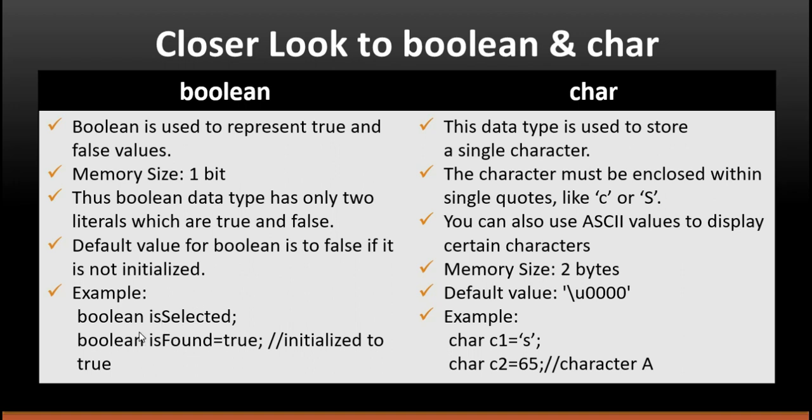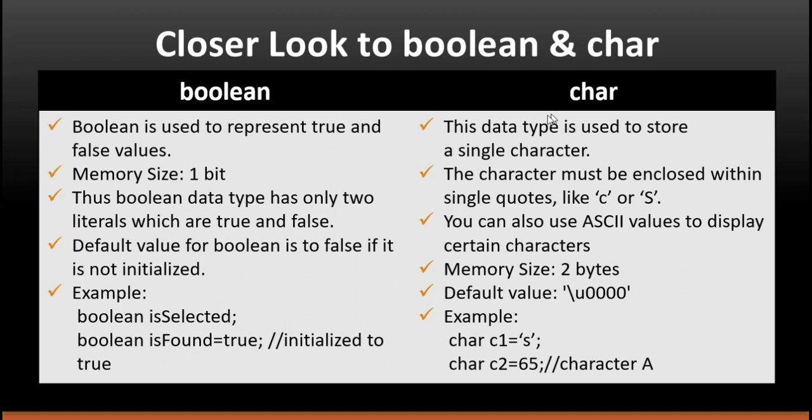Here are a few examples. I have declared the variable isSelected of type boolean. I have not assigned a value to this variable, so it is going to take the value false. Another variable I have taken is found, of type boolean, and I am assigning true. So you can assign either true or false.